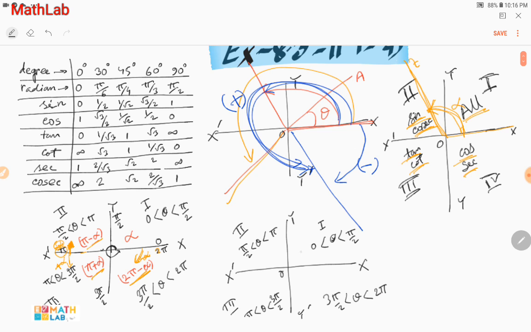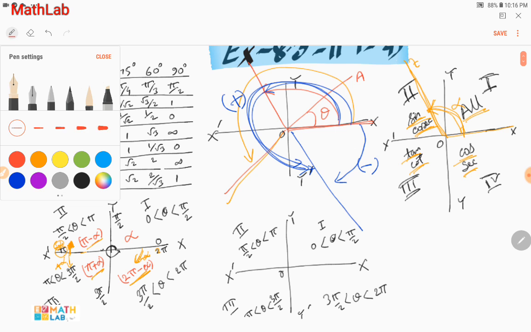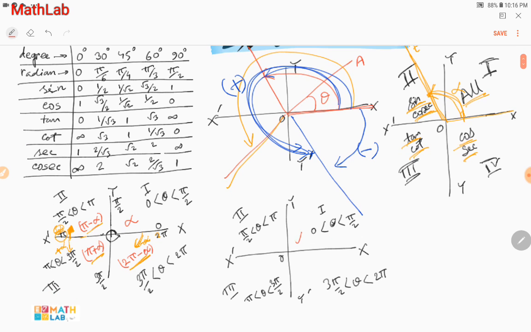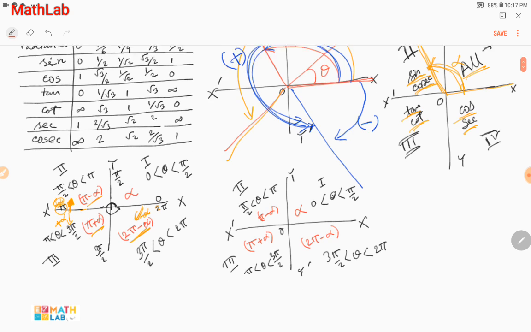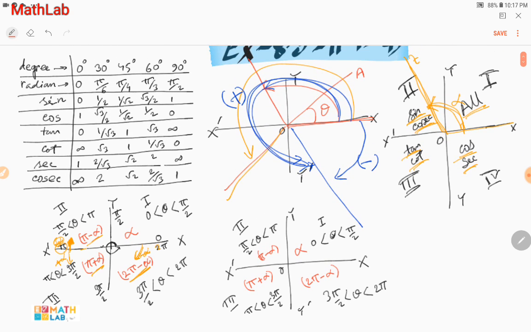In the first quadrant, if the angle is alpha, then for the second quadrant the angle will be pi minus alpha. For the third quadrant, pi plus alpha, and for the fourth quadrant 2 pi minus alpha. Okay, so now we start the maths.